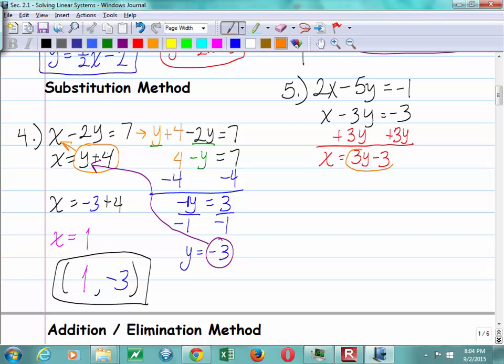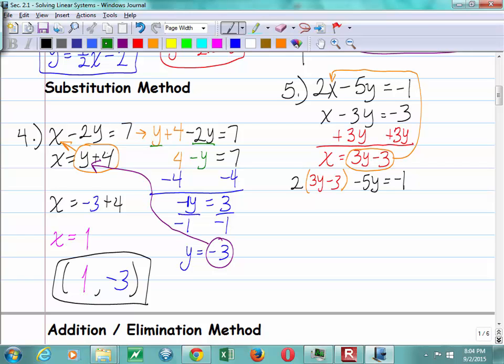And now that I know x is equal to 3y minus 3, I can take that 3y minus 3 and plug it in place of the x in the other equation. When I do that, that's going to be 2 times (3y minus 3) minus 5y equals negative 1.